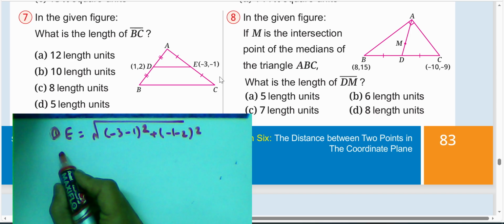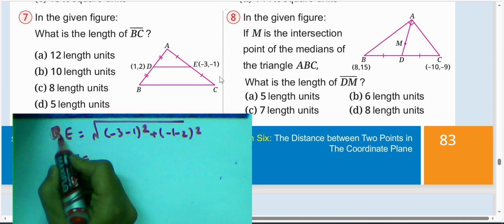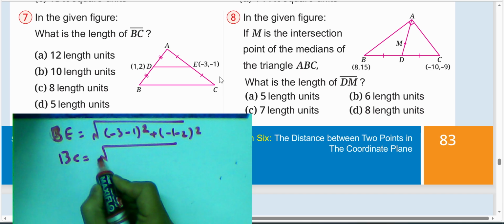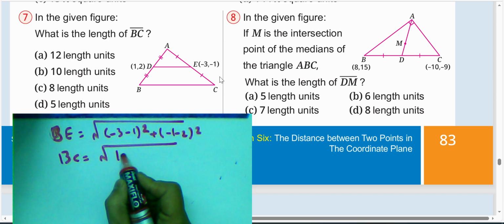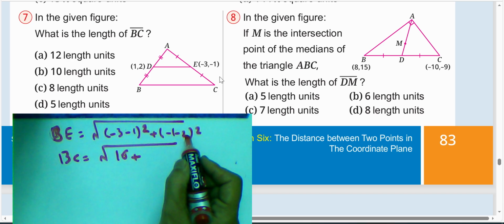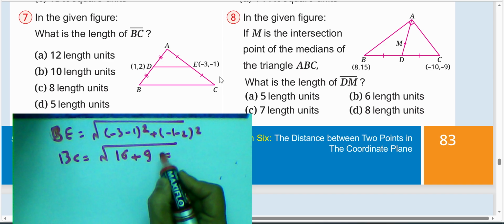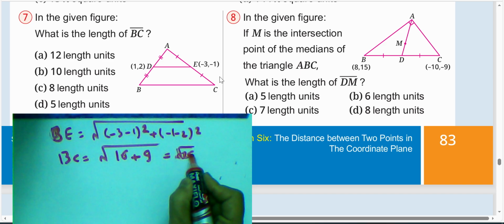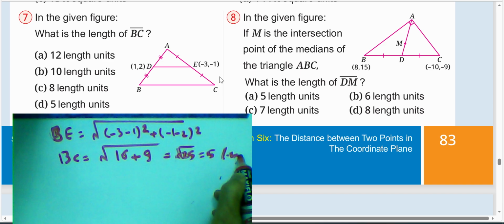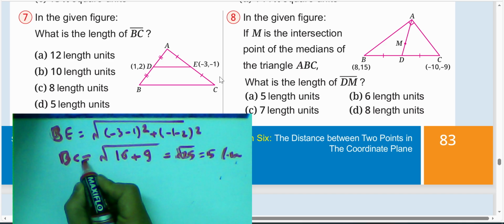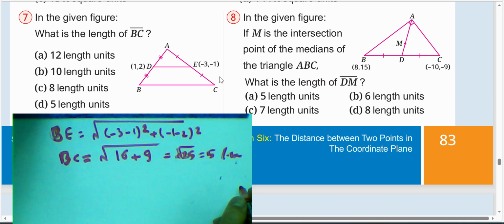DE equals square root of negative 3 minus 1, negative 4 power 2 is 16, negative 1 minus 2, negative 3 power 2, it will be 9. The result will be square root of 25. It will be 5 length units. Then DE equals 5 length units.